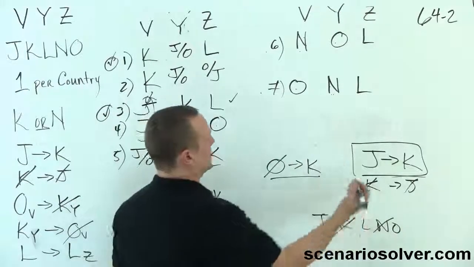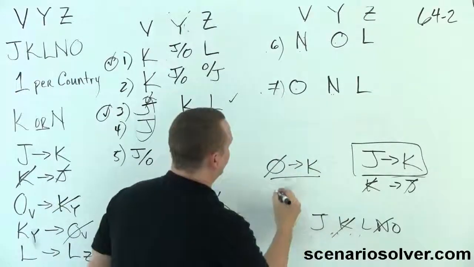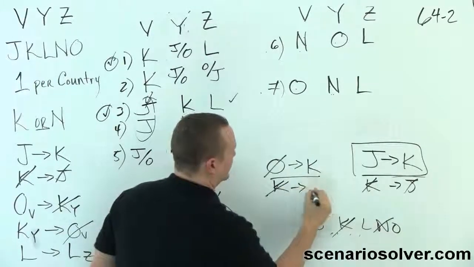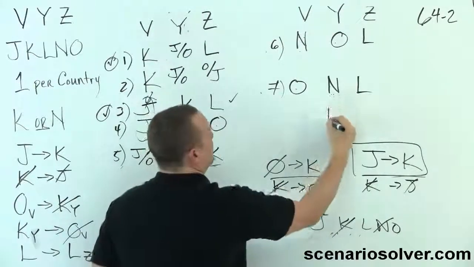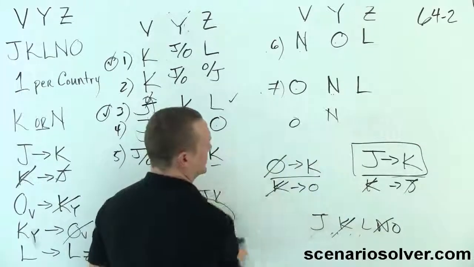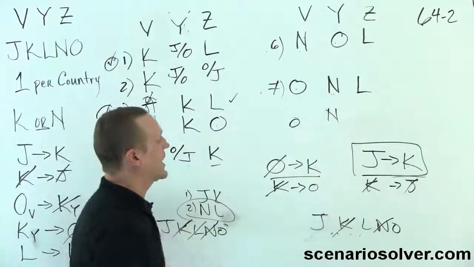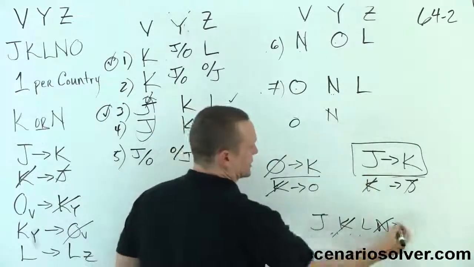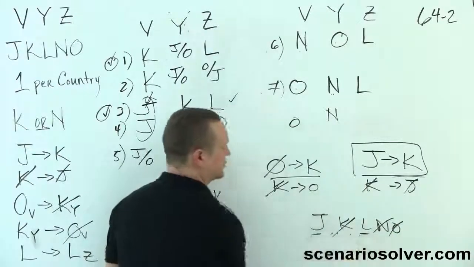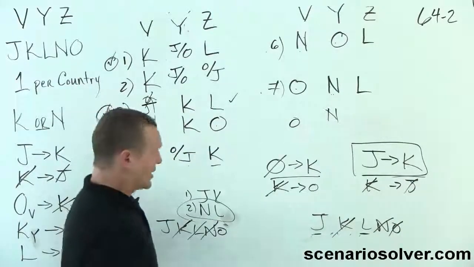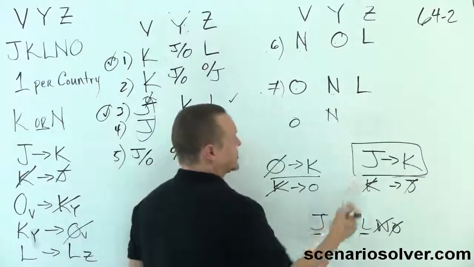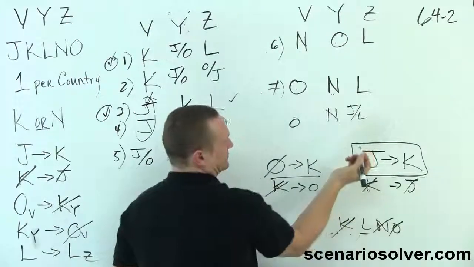So let's just operate. We know for a fact if there is no K, then we must have an O. So we know for a fact that O would have to occur, wherever it occurs. It doesn't really matter where it occurs. And now we're just left between J and L. What that means is there's nothing that prevents J or L from occurring.